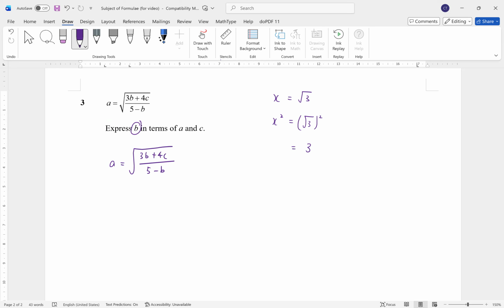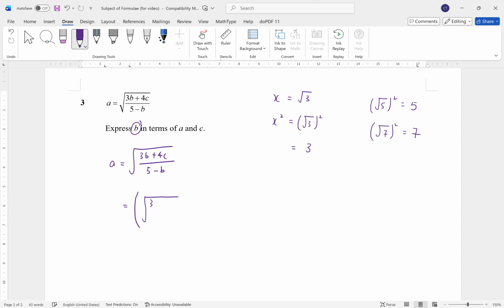So you can see that when you square a term with a square root, it just removes the square root. You can try other values. You can try square root of 5, you will notice you get 5. Then you try square root of 7, you end up with 7. So squaring a term with square root will just remove the square root. So in order to remove the square root now, we're going to square this term.